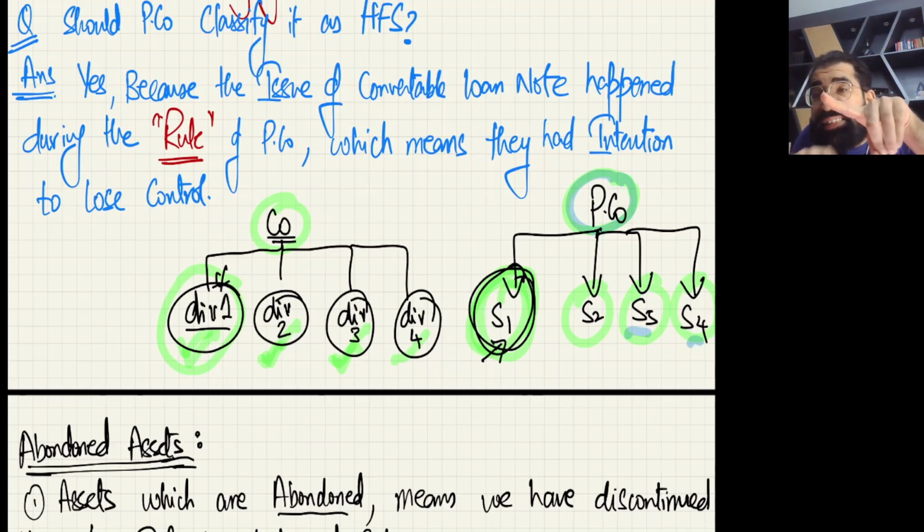Because if we don't separate the profits of this subsidiary S1, people will think we are very big bodybuilders, a giant bodybuilder group. But in reality, one hand is going to be cut soon. One hand is not going to be part of this group. So definitely we need to report it as a discontinued operation.